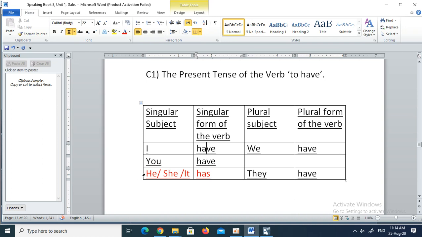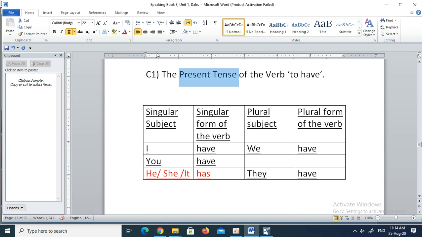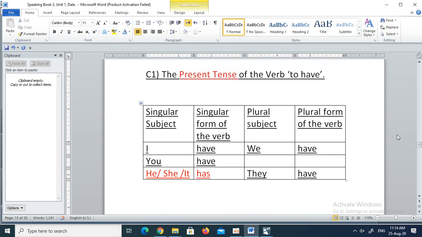Usually you will find that on most English verbs, the he, she, and it form in the present tense is different from all the other pronoun forms.